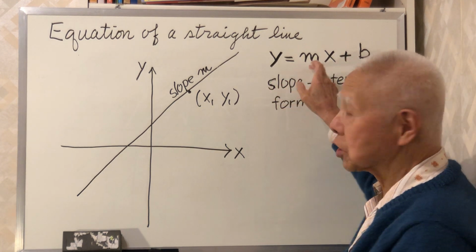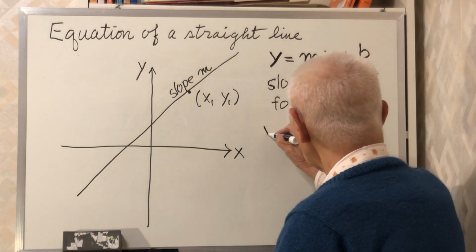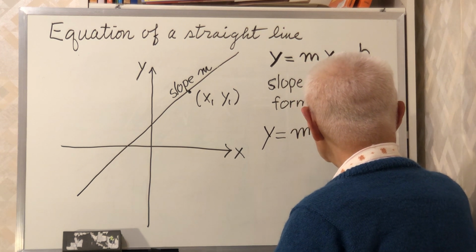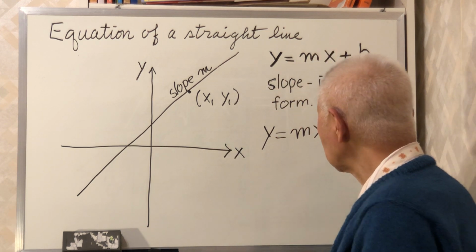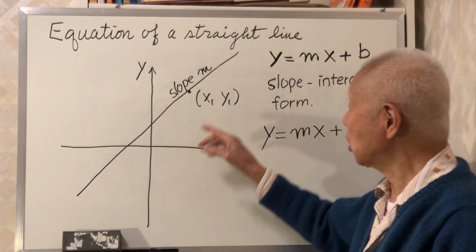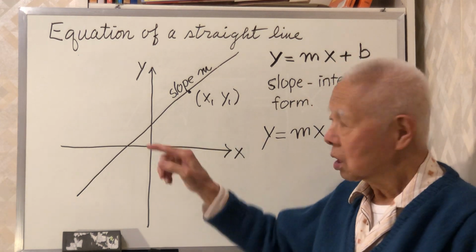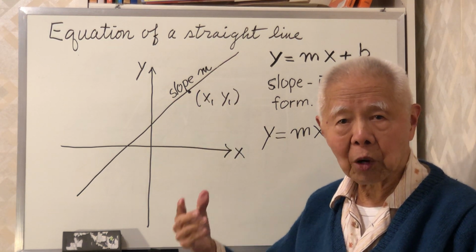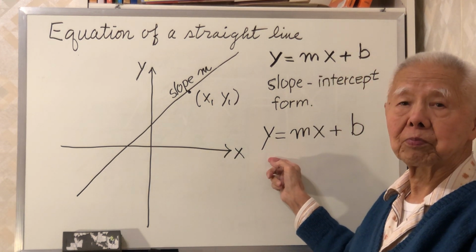We start with this general form, slope-intercept form. y equals mx plus b. But I don't have the y-intercept. I have the point x1, y1. Since the point x1, y1 is on this line, therefore, x1, y1 must satisfy this equation.